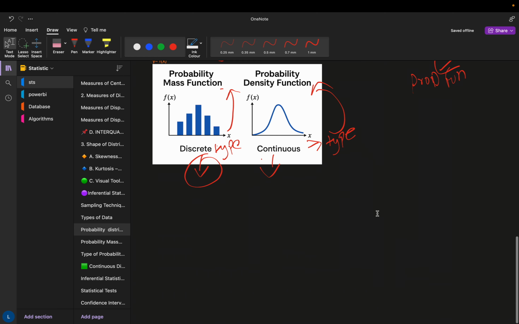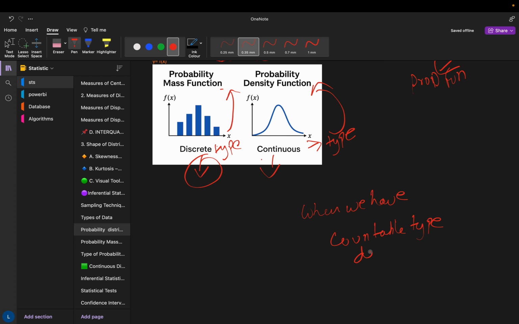So we just need to keep in mind, when we have countable type data or discrete, we normally use probability mass function.